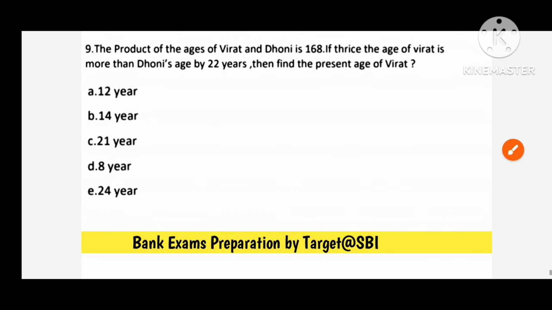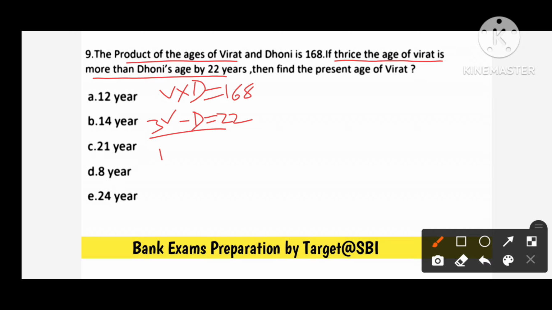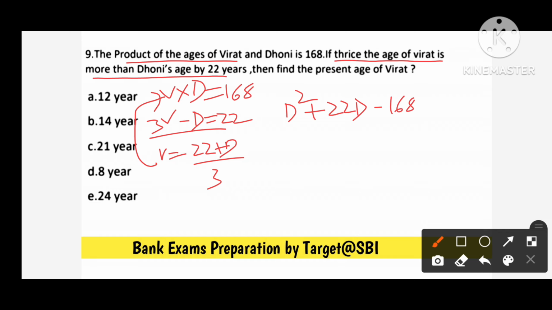Next, question number 9. The product of the ages of Virat and Dhoni is 168. If thrice the age of Virat is more than Dhoni's age by 22 years, 3V minus D is given as 22. So from this we can write V equals (22 plus D) divided by 3. Substituting this in the first equation, we have D square plus 22D minus 168 into 3. From this we get a quadratic equation. 168 we can write as 14 12 times, 12 3 times 36.